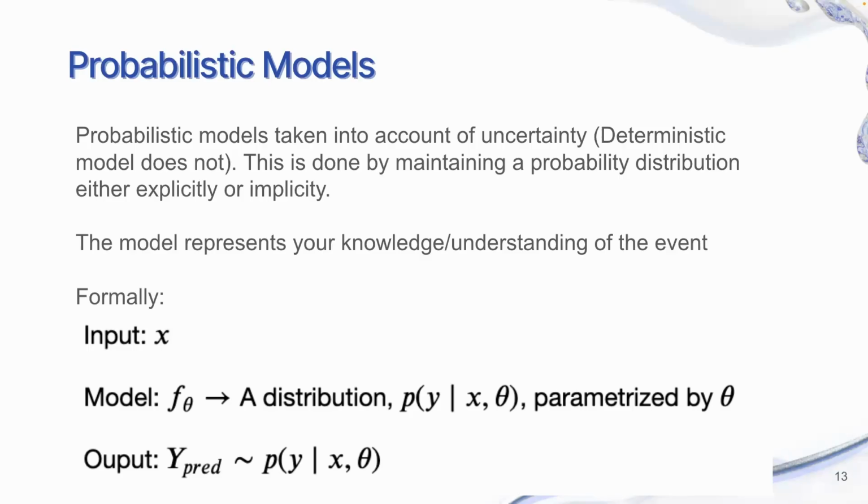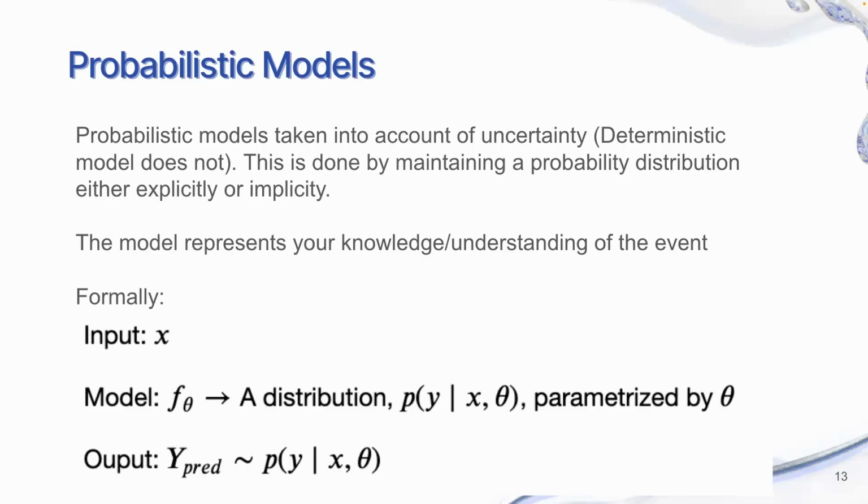And formally, mathematically, you have an input x, which is your data. And then you have some sort of model, f of theta, right? So your model is built as a distribution parameterized by theta. Actually, I think the notation is not 100% correct. The model should be just theta itself instead of f of theta.